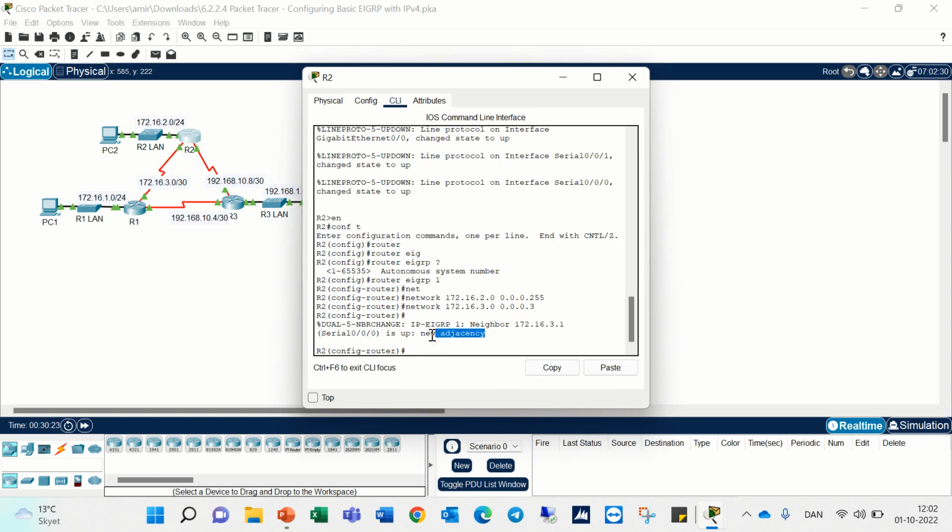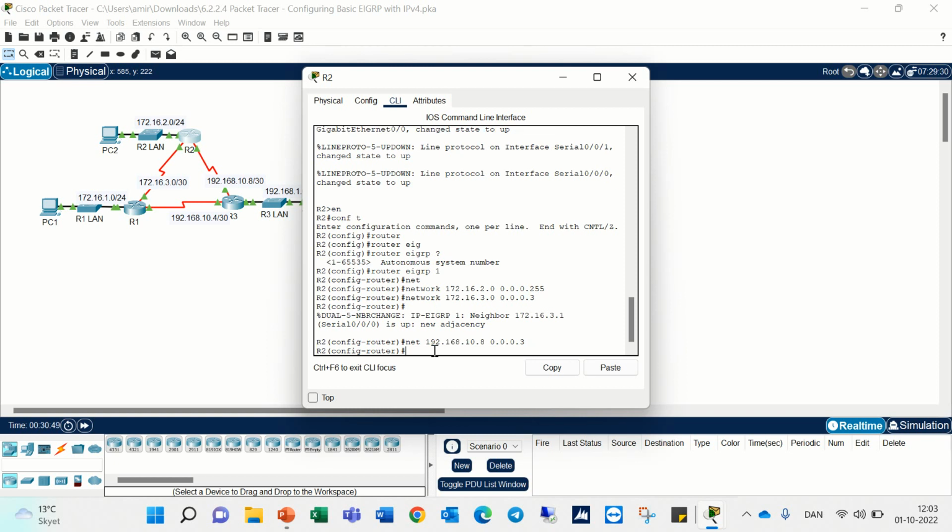You can see you get a new adjacency with the DUAL algorithm. This is the log. And also you have another one here, 192.168.10.8 and 0.0.0.3 here.